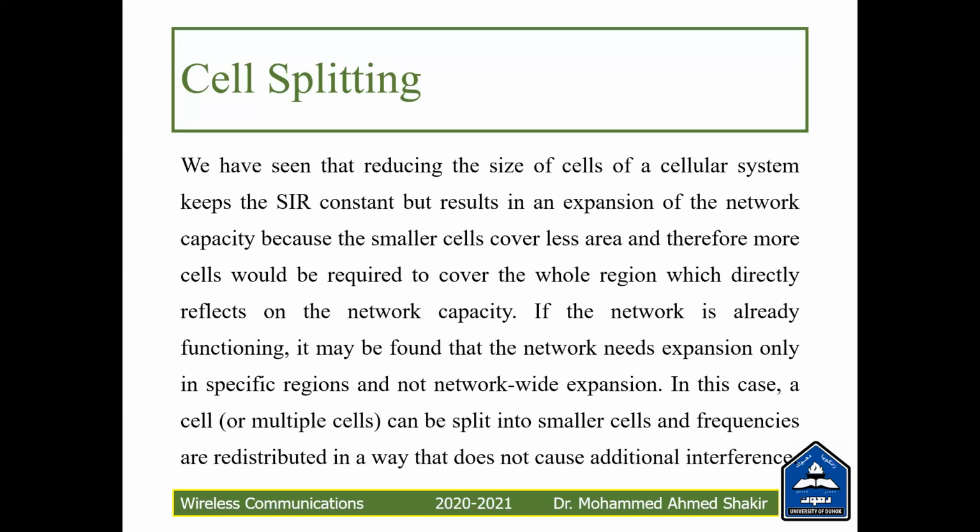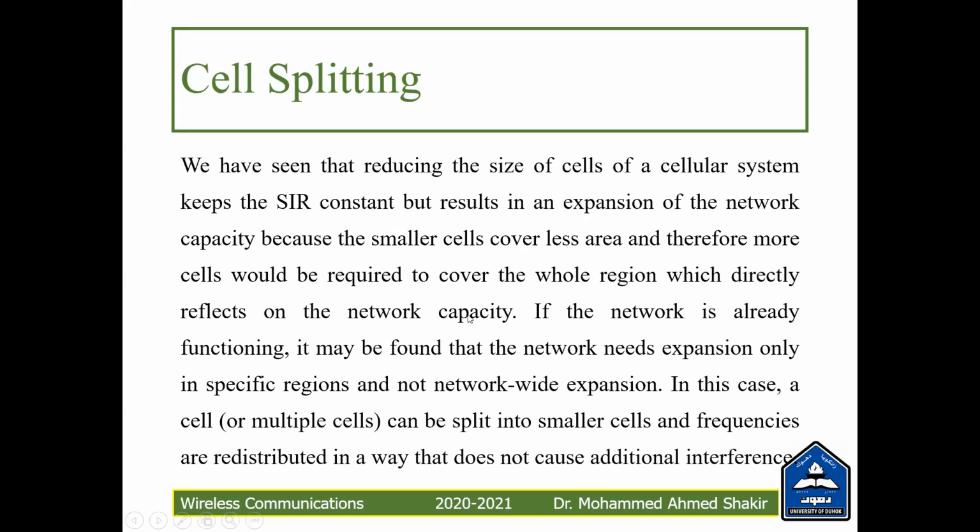Now, in this lecture, we are going to talk about capacity enhancement. Smaller cells result in expansion of the network capacity, because smaller cells cover less area and therefore more cells would be required to cover the whole region, which directly reflects on the network capacity.